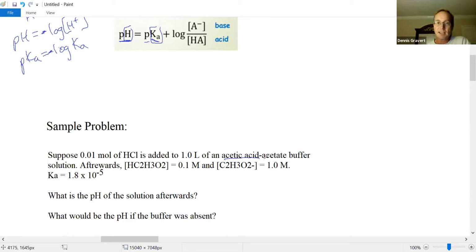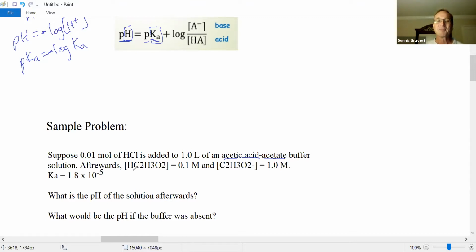And then the acetate component, the weak base part, has a 1.0 molar concentration. Oh, and by the way, the Ka for acetic acid is 1.8 times 10 to the minus 5. Please calculate the pH afterwards.